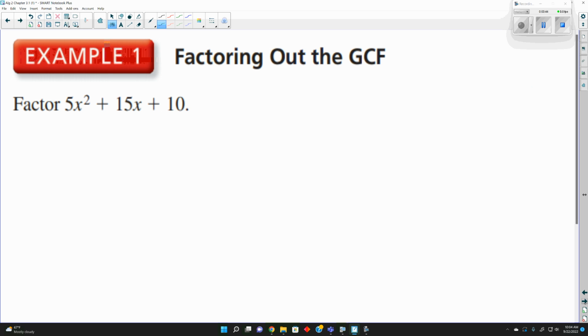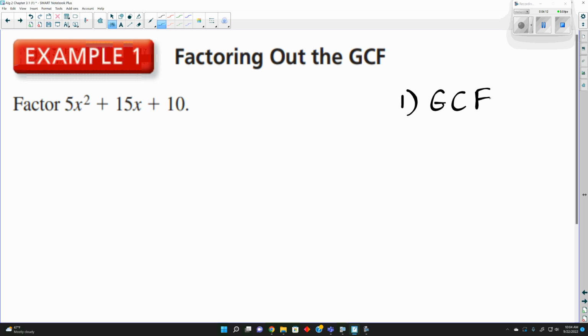So whenever we're factoring, the first thing we want to look for is a greatest common factor. We're wanting to look for something, a term or expression or number, that will go into all three. Here it is 5, because 5 will go into 5, 15, and 10.